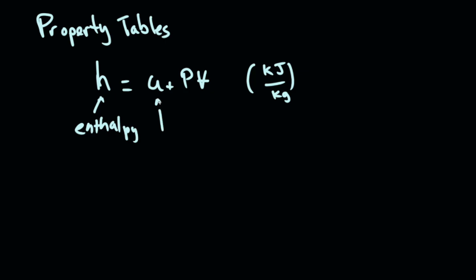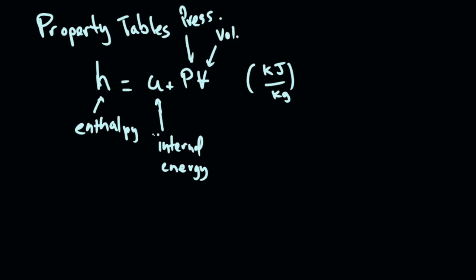You should be a little familiar with little u since we talked about it in the previous chapter. This is internal energy. This P is our pressure, and V is our volume.